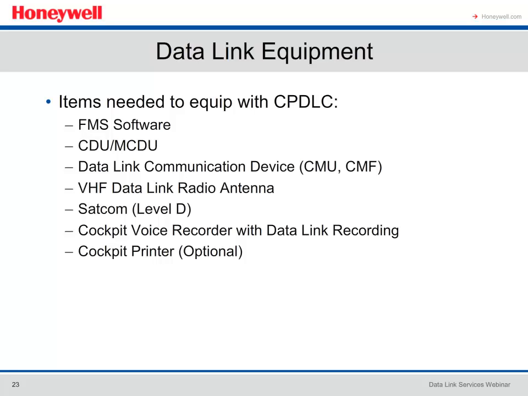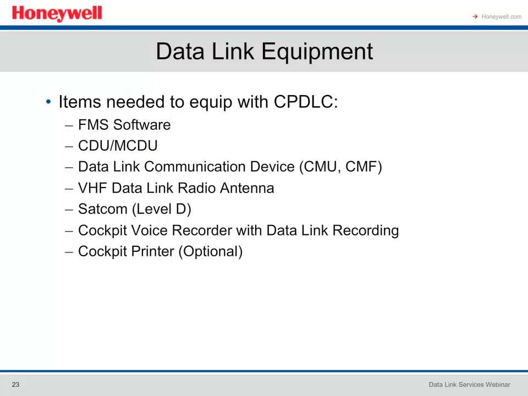So what data link equipment is needed? In most cases, aircraft that haven't been recently manufactured may need to have a few components installed or upgraded to gain access to FANS and/or ATN CPDLC. This list is not inclusive to any particular type of aircraft, but are common items that need to be upgraded for CPDLC capabilities.